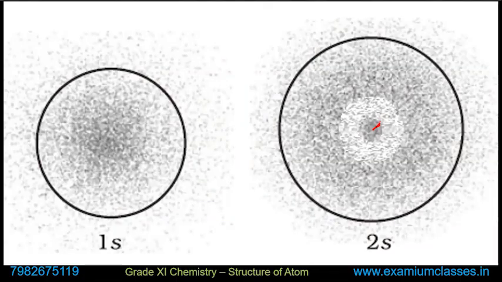Electron density here decreases. It becomes zero here. Then again increases. And then again decreases. So here it is zero. Here it is maximum. Around the nucleus it is maximum. Then zero. Then again increases to some value.